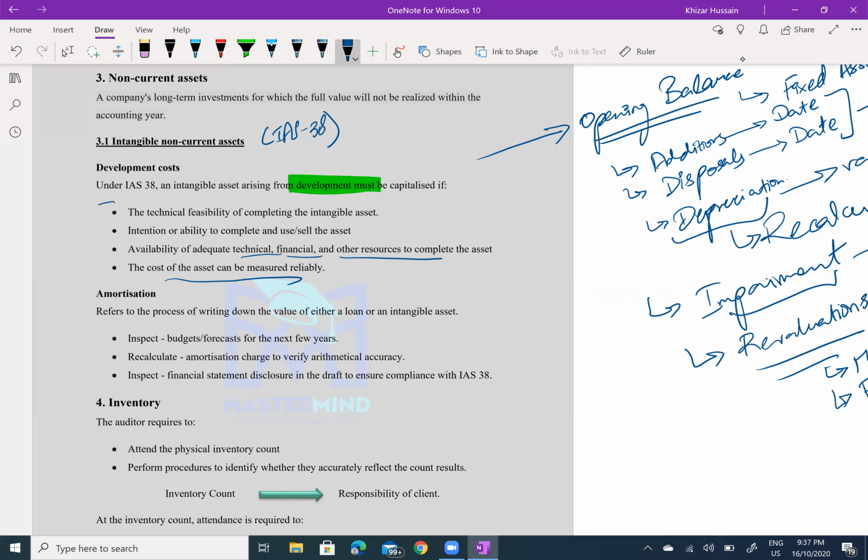So these areas, obviously you cannot have generic procedures for all of them, but when it comes in an exam question, you can obviously do TODs, like I told you earlier as well.